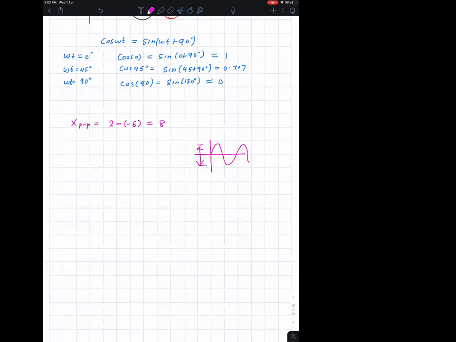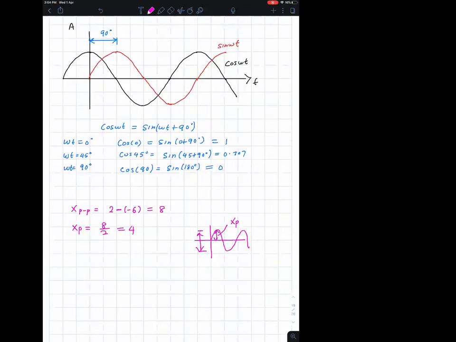XP is 8 divided by 2, which equals 4. So any problem here? No, sir. You guys understand so far? Yes, I understand. Okay, so peak to peak is 8, 0 to peak is 4.